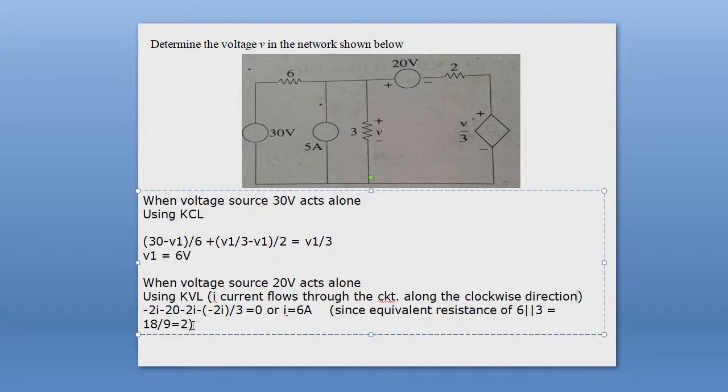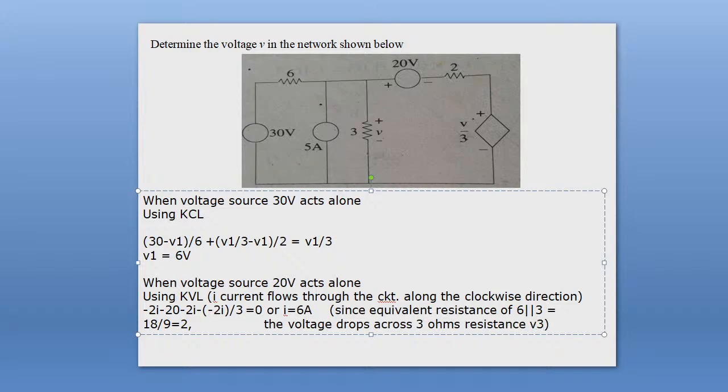Therefore we can write, if you consider V3, therefore the voltage drop across the 3 ohm resistance.